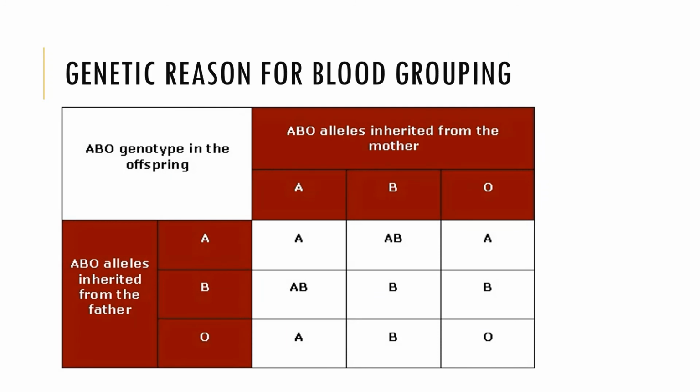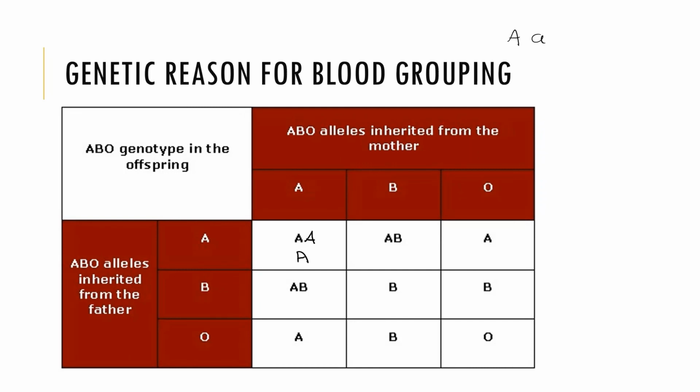Now you know that we have 2 alleles of every character. One allele, sometimes, is dominant. Let's say capital denotes dominant and small is for recessive. Now, alleles of blood grouping show codominance. If your father is blood group A as well as your mother is blood group A, you're having a homozygous dominant condition and the person will have the phenotype of A blood group.